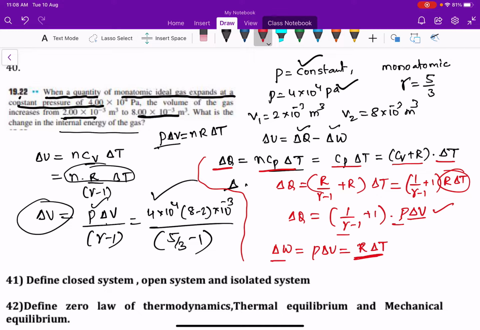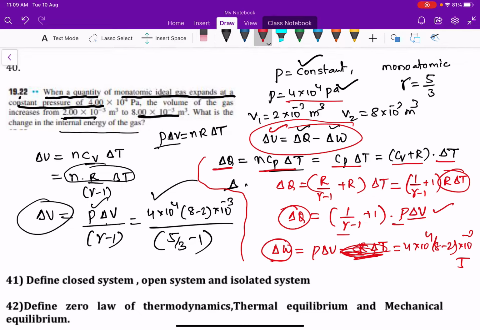You can find it directly as P delta V, where P is 4 into 10 to the power of 4, into delta V, which is 8 minus 2 into 10 to the power of minus 3, joules. So by finding delta Q and delta W and substituting in the first law equation, you will get the answer for delta U also. You can solve this question in this way also. This is process 1 and this is process 2, the second process.